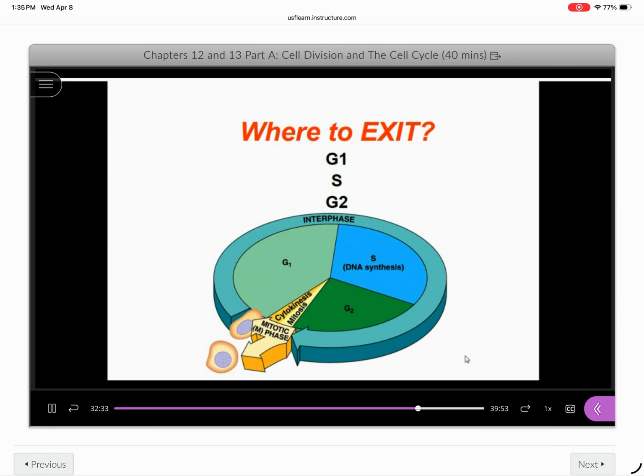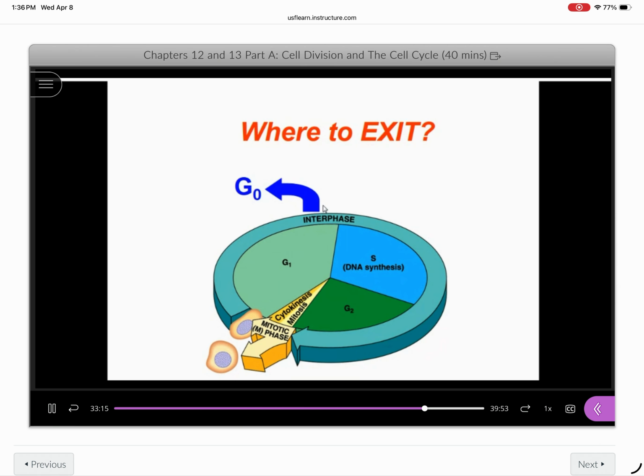So here's a question. Knowing what you know about the cell cycle, where would you want to exit from? Somewhere here, G1, from S phase, or from G2? Well, I hope you said G1, because that is the right answer. What did we say? The cell grows to a normal, functional size, and that's what we need if the cell is to perform a job in the body.